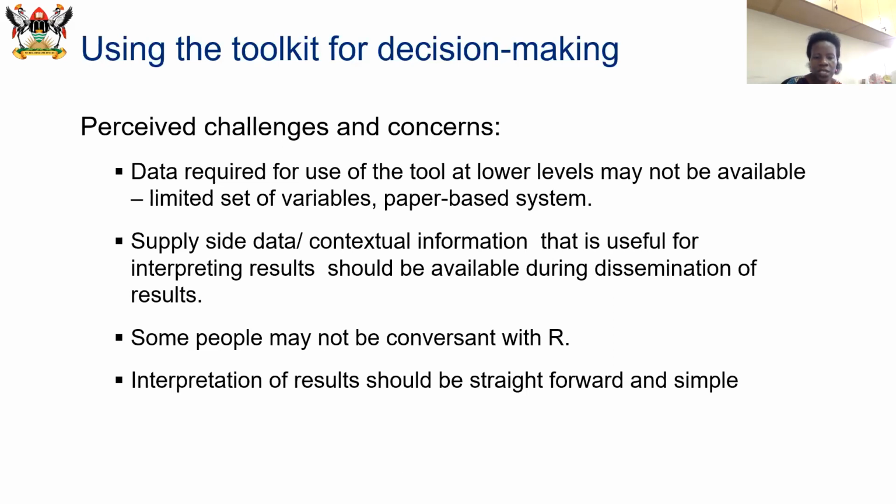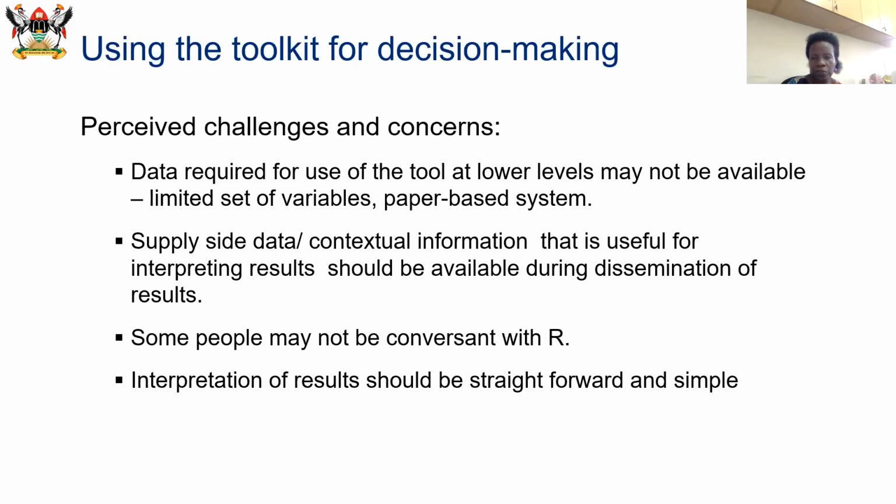And then to interpret the information and to be able to understand why a region like Kigezi is doing better, or why you have better statistics in Karamoja or poorer statistics in another part of the region.